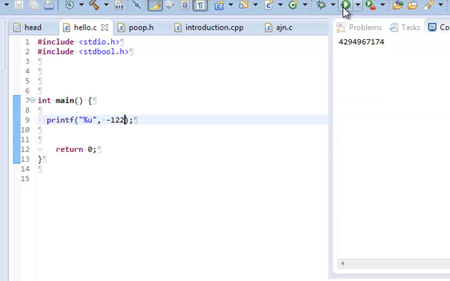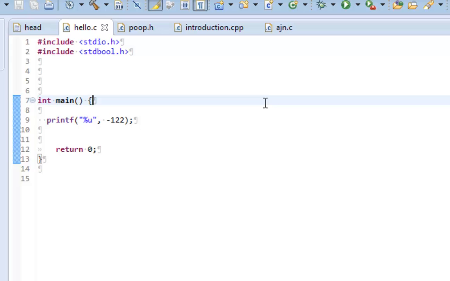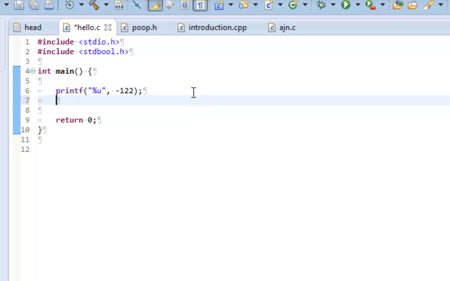When I run this, yes, I think that's like 4 billion something, 4,294,967,174. Basically what it does is it looks at the bits a different way than negative 122, and this number can be represented with the same bit representation. You just are looking at it differently because you're counting the leftmost bit as a positive bit. I do talk about this in another tutorial if you guys want to go check that one out.